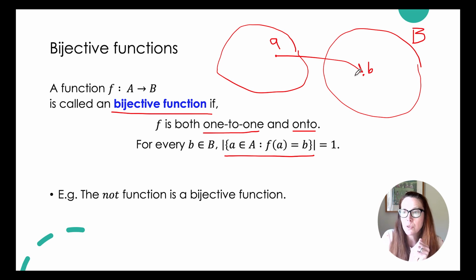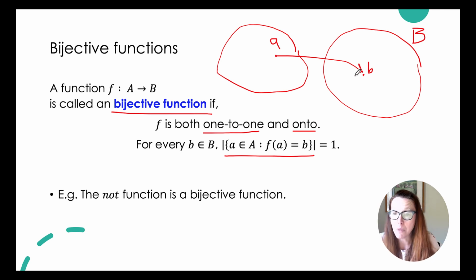That means there's only one way to get from the domain to b, and more importantly, there is exactly one way. So this function is bijective. It is both one-to-one and onto.